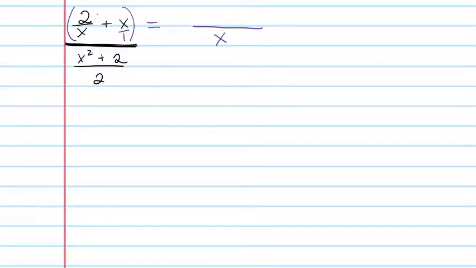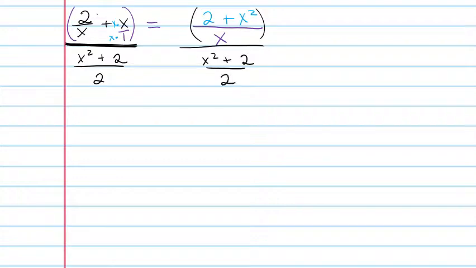And if we look at the first fraction, we don't need to make any changes to the first fraction. But the second one, we need to multiply by x and need to multiply by x. So that's going to give me, in my numerator, a 2 plus x squared. And that's my numerator. And then my denominator is x plus 2 over 2.